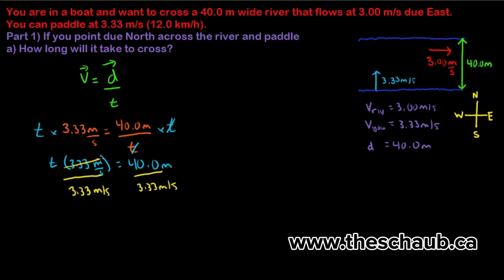On this side, 3.33 divided by 3.33 is equal to 1, leaving us with just t. And on this side, 40 divided by 3.33 equals 12.0 seconds. If we paddle straight across, it will take us 12.0 seconds to reach the other side.